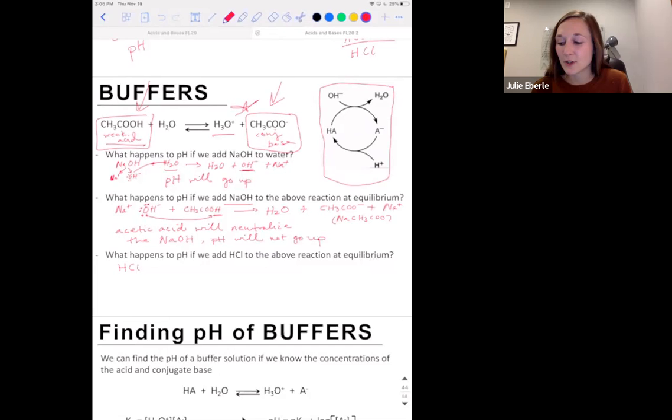Anybody? Weak acid or conjugate base? What's going to neutralize? What has the ability to neutralize HCl? Conjugate base. Yes, the conjugate base.